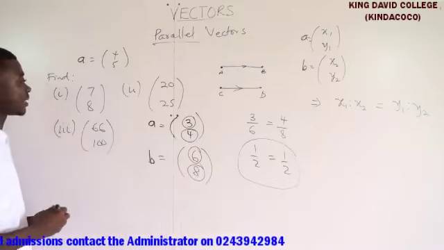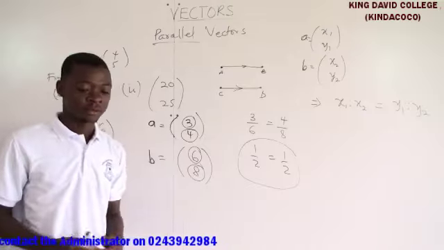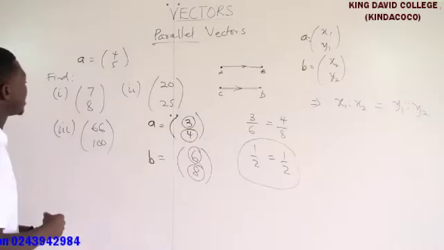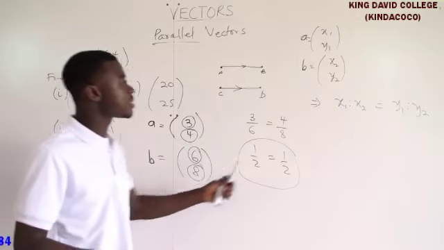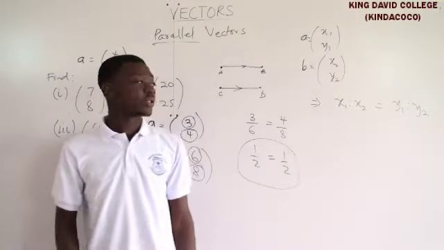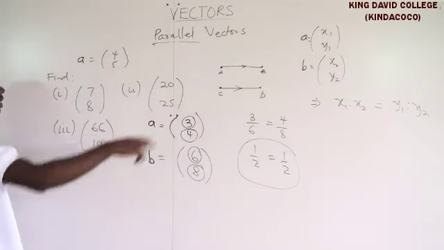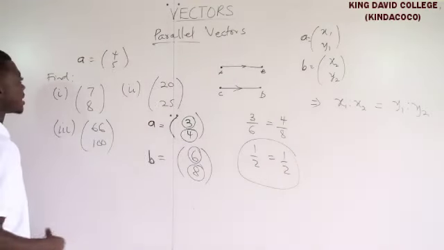This is how they will be giving you the questions. So this can be objective. We just have to use the relation we are talking about: when you have the ratio of x and y, you just equate them and see.